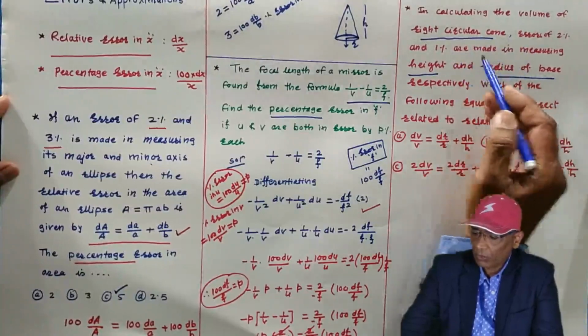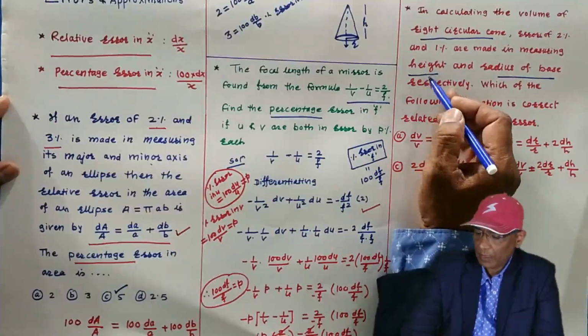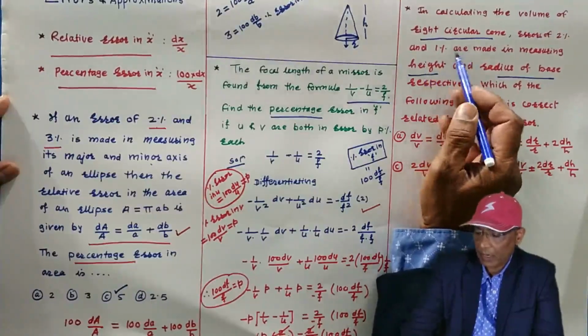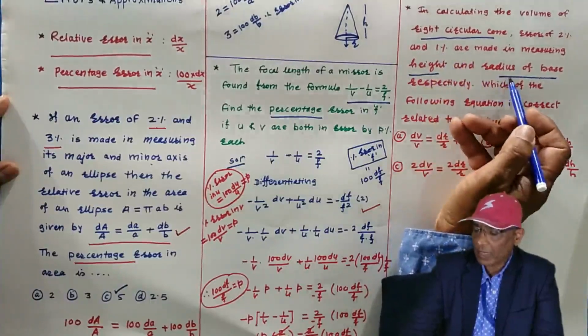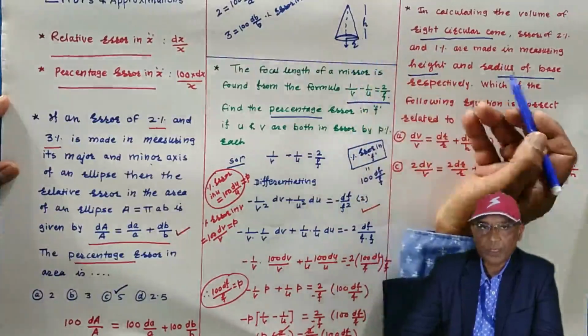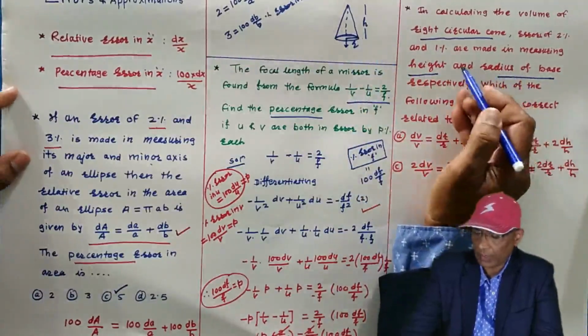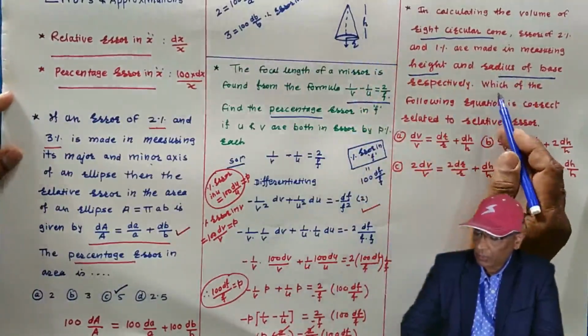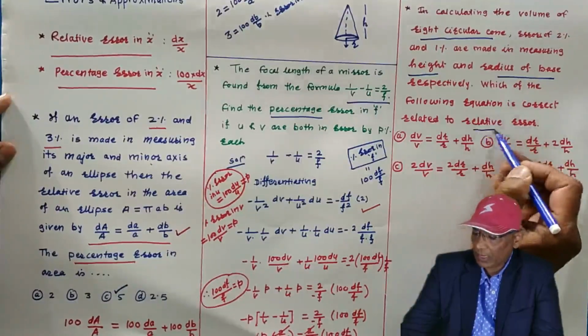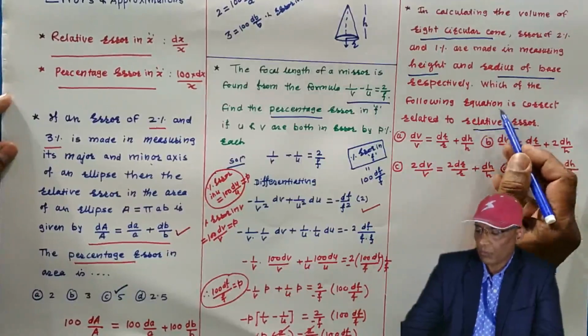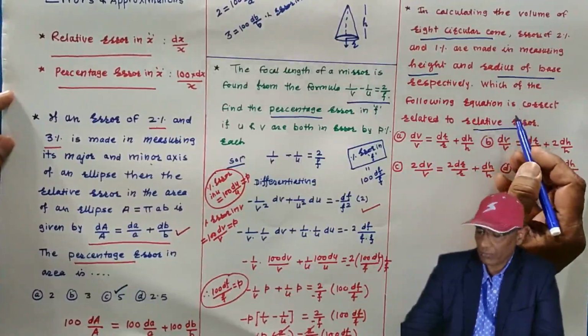The error of 2% is made in height, and the error of 1% is made in the radius of the base of the right circular cone. What is the question? Which of the following equations is correct related to relative error? That we have to find.